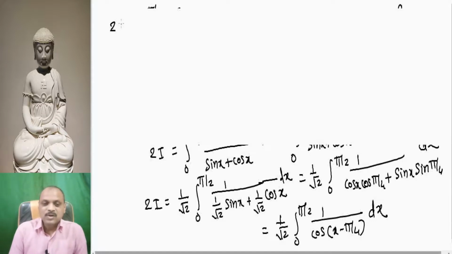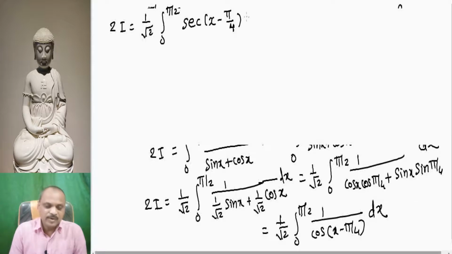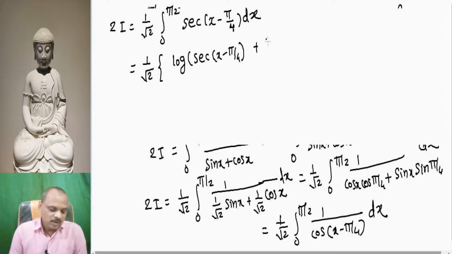Therefore we have now 2I equal to 1 divided by under root of 2 integration 0 to pi by 2 sec of x minus pi divided by 4 into dx equal to 1 divided by under root of 2, and integration of sec is log of sec of x minus pi divided by 4 plus tan of x minus pi divided by 4.